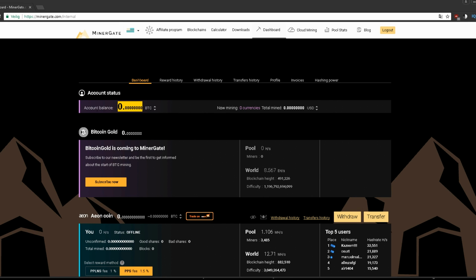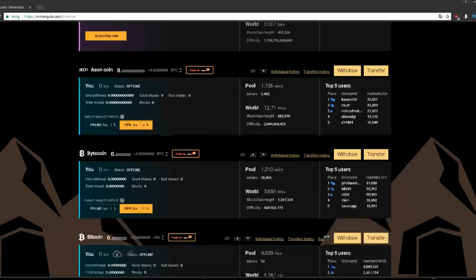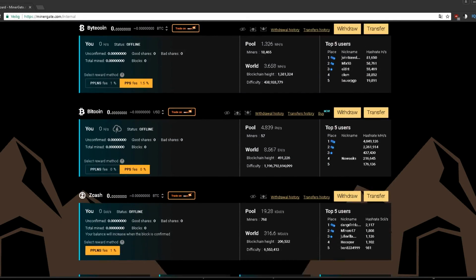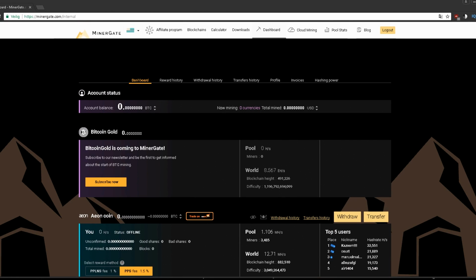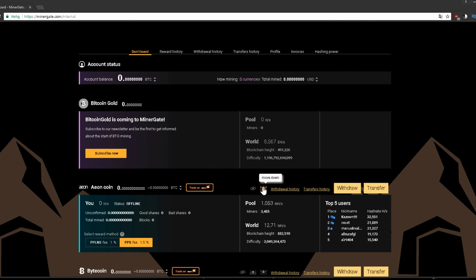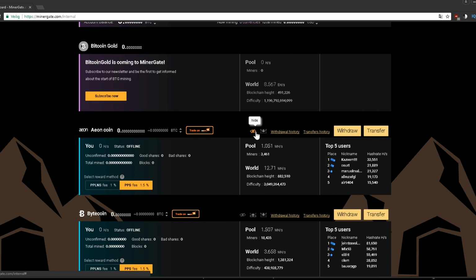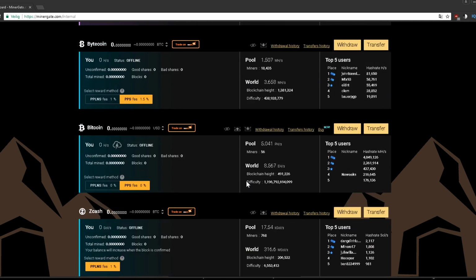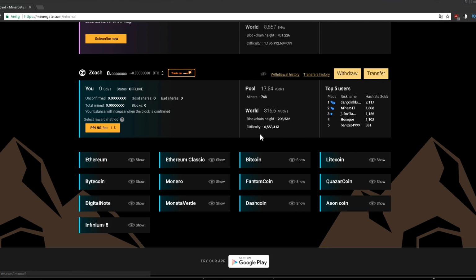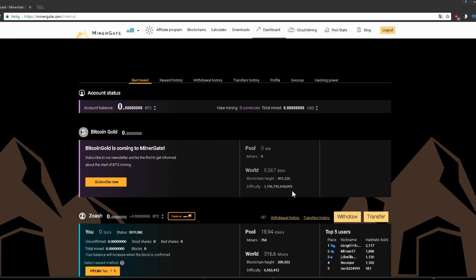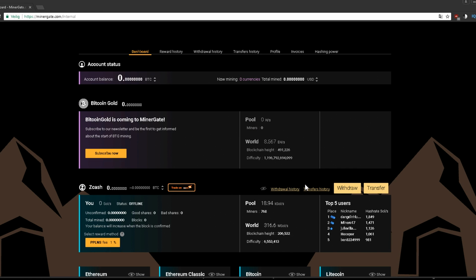This will only be the balance that you have at the moment. So different things. Alright, I think I've covered this pretty much. And here you can just move them down or hide them. Whichever coins you'll be mining, you put them at the top. Alright, that's the dashboard.